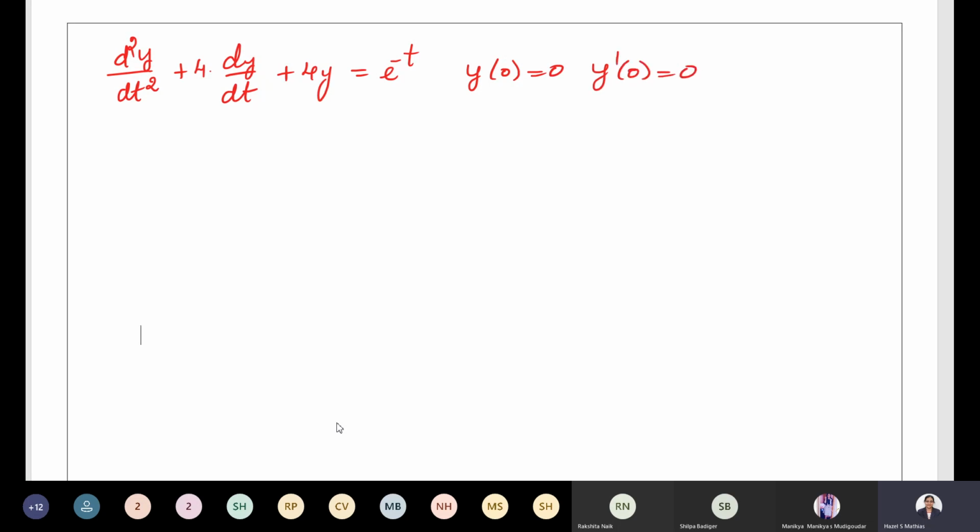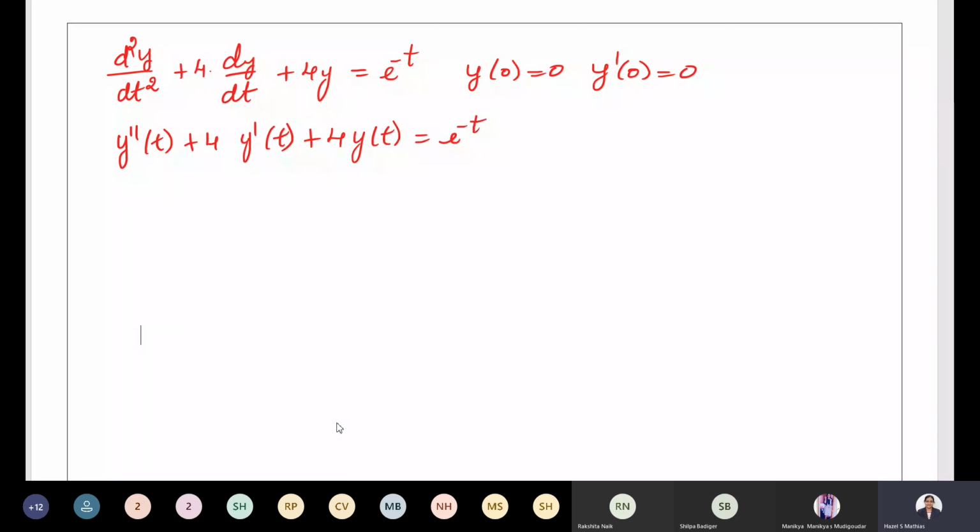Let's find the solution of this differential equation. So you can write this equation as y double dash of t plus 4 into y dash of t plus 4 into y of t, that is equal to e power minus t.